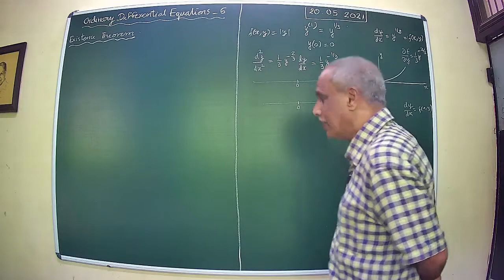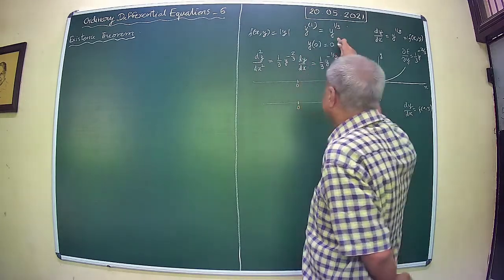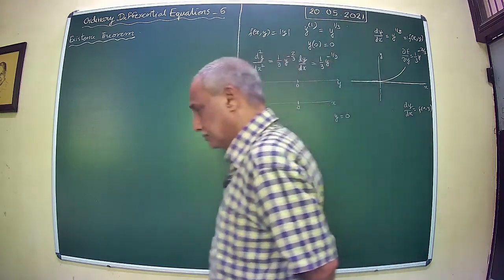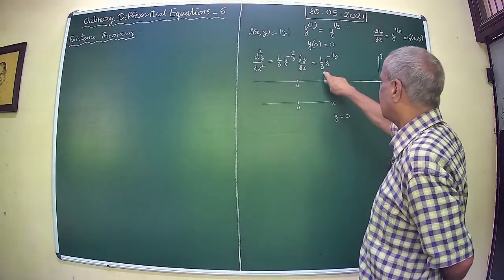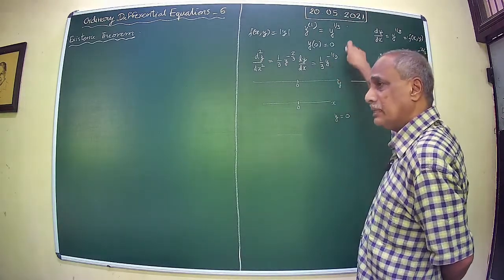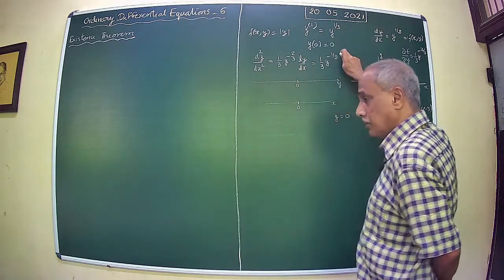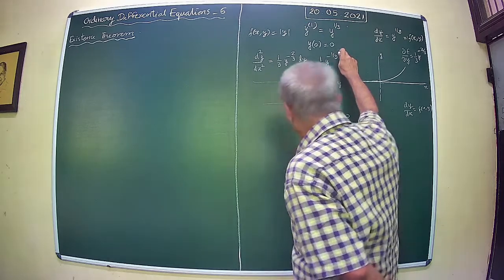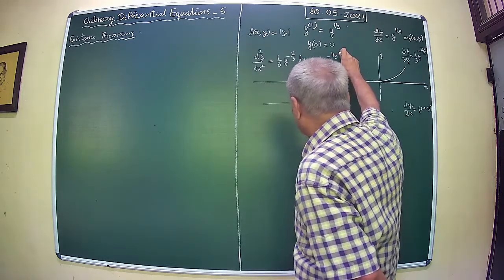However, if the velocity field is something like y to the power 1 by 3, then the corresponding acceleration is y to the power minus 1 by 3, which is a sort of unbounded in the neighborhood of y equal to 0.